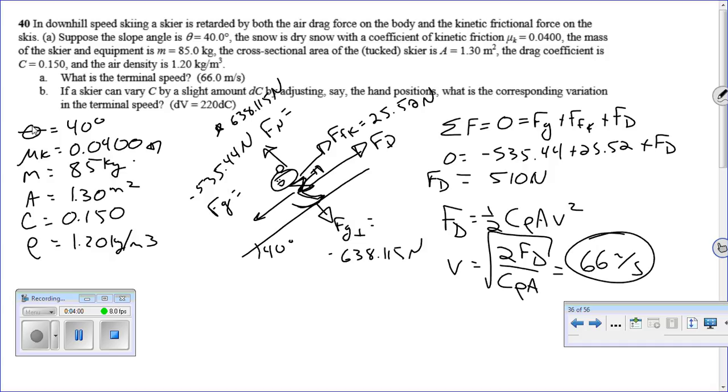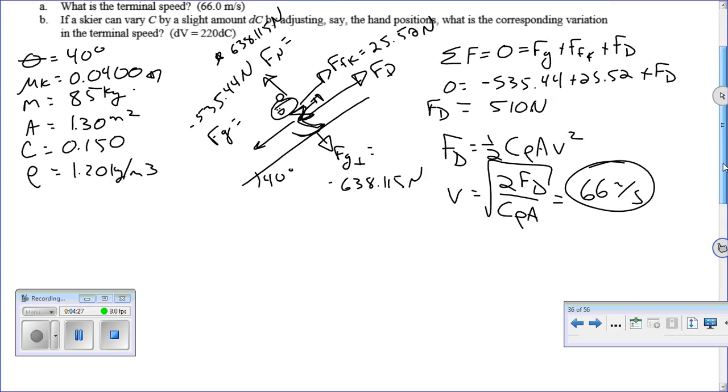Now for part B. Part B says if a skier can vary that drag coefficient by a slight amount, dC, by adjusting, say, the hand positions, so he's moving his hands to change that coefficient, what's the corresponding variation in the terminal speed? So all we're going to do here is come up with an expression for dv in terms of dC, right?